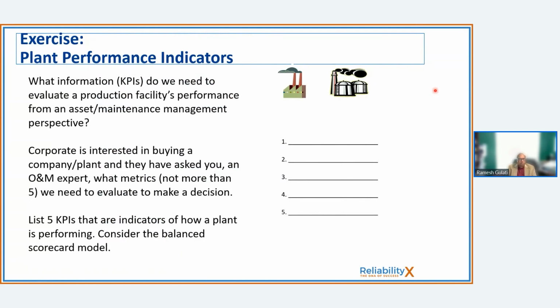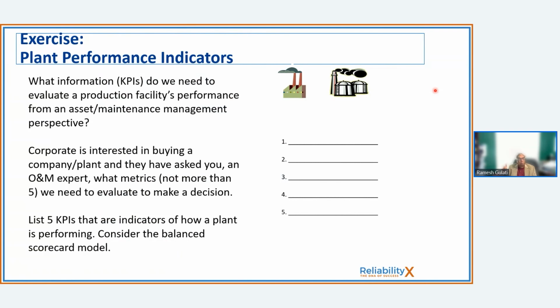Metrics means there is benchmark data available in the market, so they can compare the numbers they get with the industry standard. That's what they're asking. So write down 5 metrics which your department should be capturing to evaluate the health of your department.